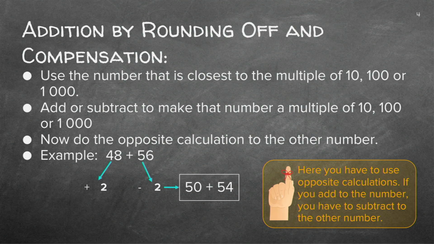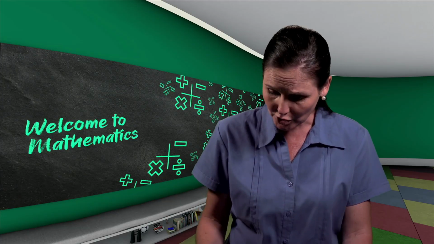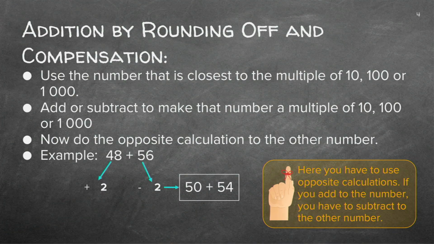But when I add on the one number, I have to subtract on the other number. Here is an example. 48 will be the easiest to make a multiple of 10. So what did I do? I plus 2. But when I use addition by rounding off and compensation, I have to do the opposite calculation with the other number. So when I plus 2, I have to minus 2 with the other number.